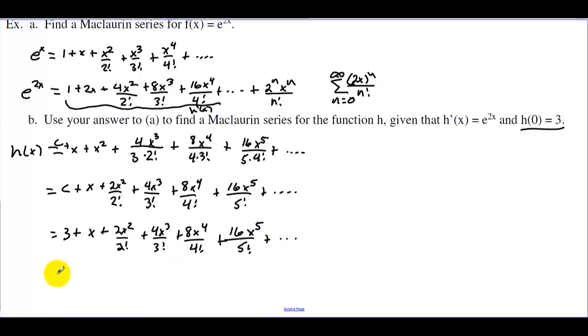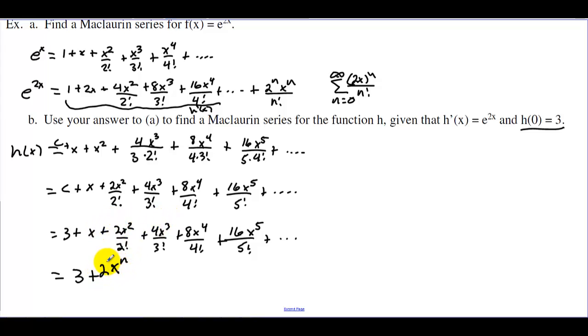In order to get the nth term, the 3 really messes up any kind of pattern, so we're going to kind of cheat a little bit. We'll just put 3 out front. Now, if we're going to start at 0, well, let's just start at 1. It actually makes this a lot easier. We have x to the nth, because we have first, second, third.